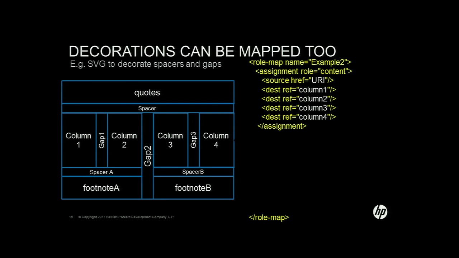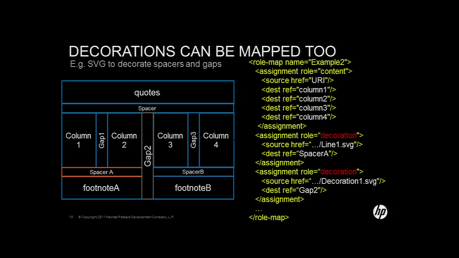This allows me to pour content into them, which is particularly interesting because, instead of having just a built-in rule or line to separate my footnotes or to separate the columns, I can pour in, for instance, SVG. I can have decorations, I can have patterns, I can have anything I want. It behaves like content, and I can refer it to my gaps, and in that way they can be assigned.